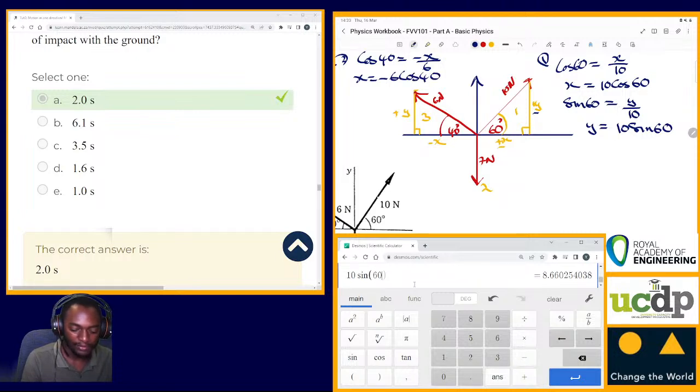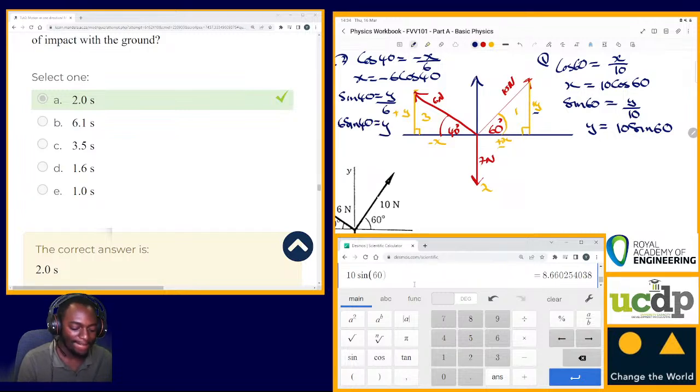Then y is the opposite over the hypotenuse, so it's going to be positive. So sine 40 equals y over 6. That becomes 6 sine 40 equals y.